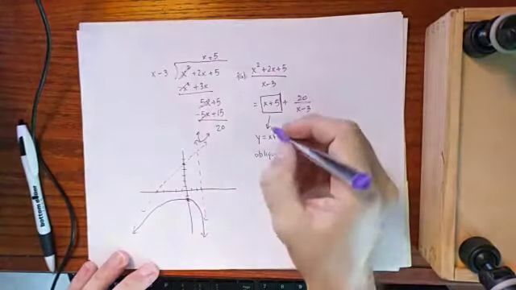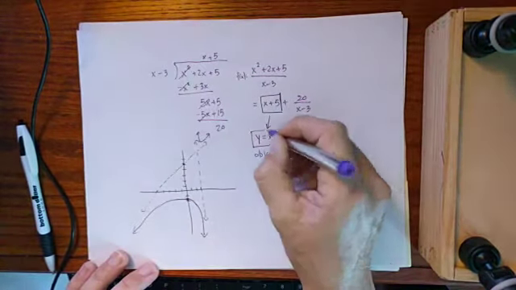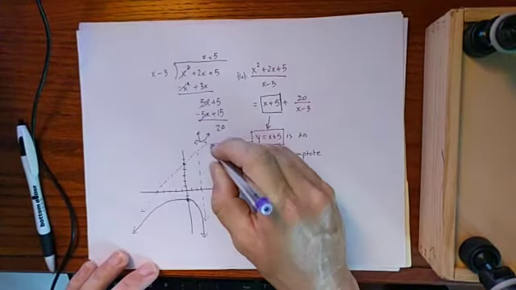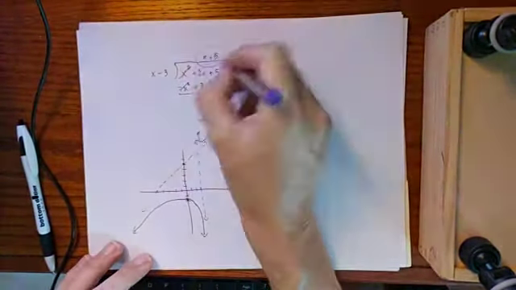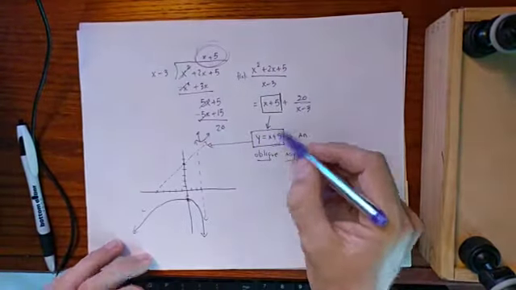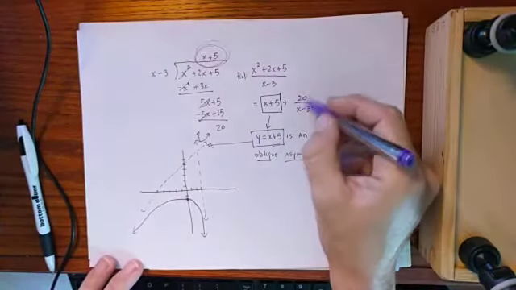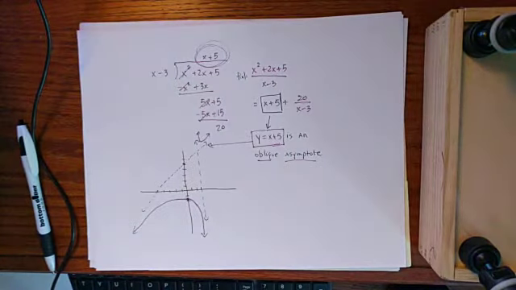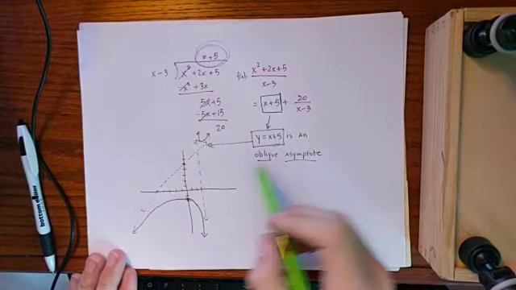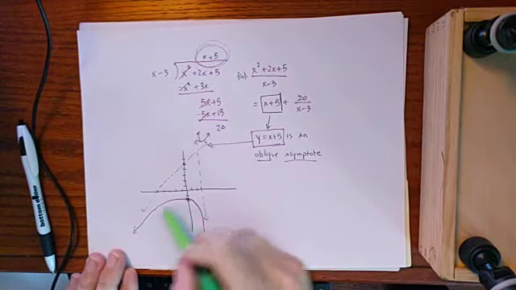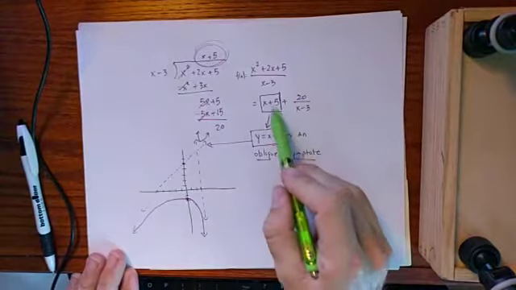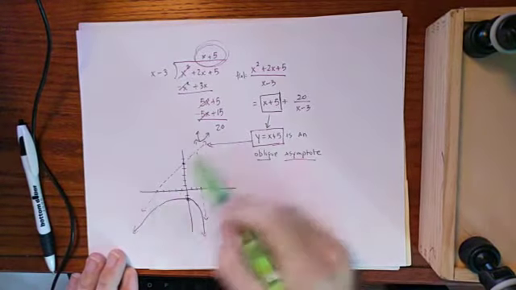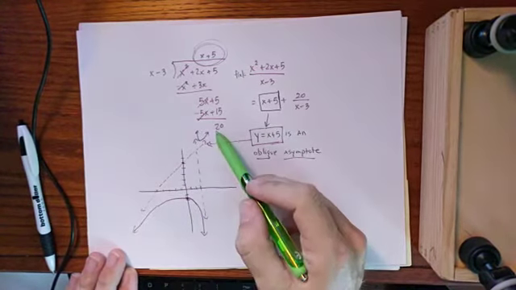But the key is that this is the equation of this oblique asymptote, and the way that I found it was by doing long division and just grabbing the quotient out of it. So you can ignore the remainder part. In fact, the remainder is the difference between the line and the graph itself. So if I add back the remainder to that line, the line becomes this other thing, okay?